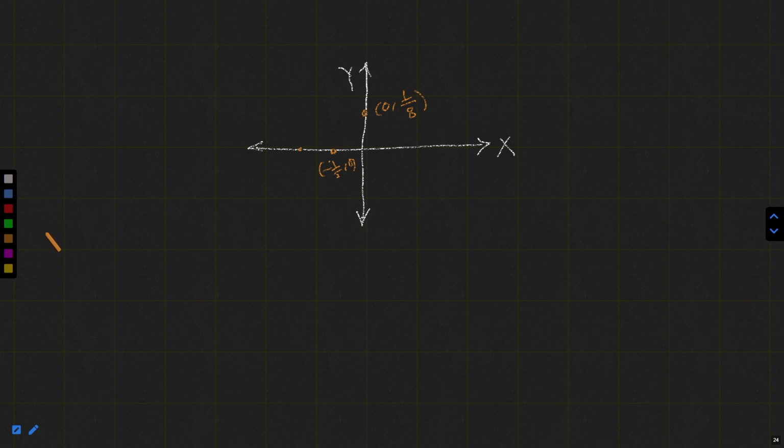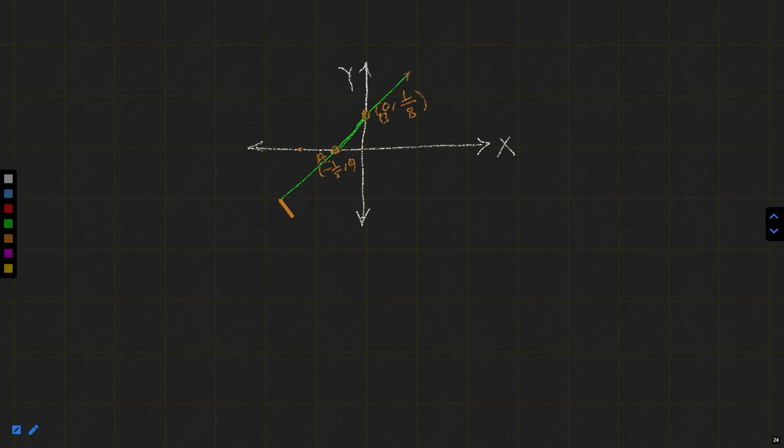Now naming this point A and this point B, if we connect these 2 points, then you will get this line.